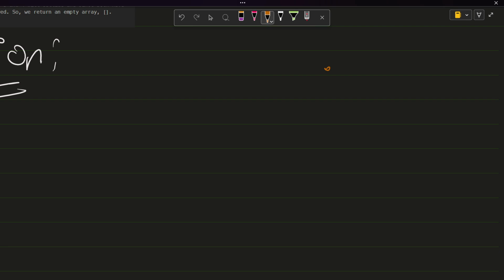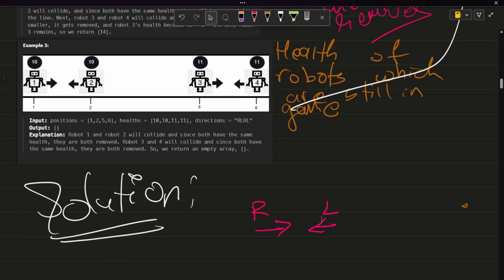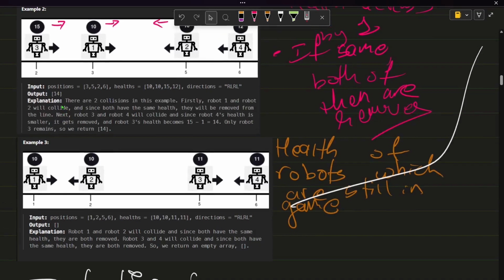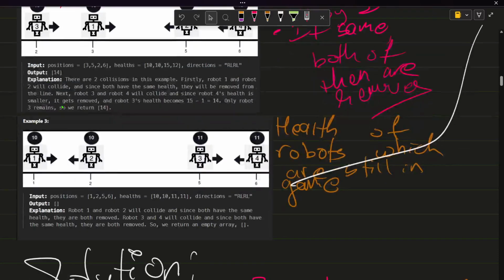As I told you, there is only one possibility when a collision is going to occur. This one is going on the right side, this one is going on the left side. Only one possibility. Let's understand this by the question. See here. Yes, this problem is nice.